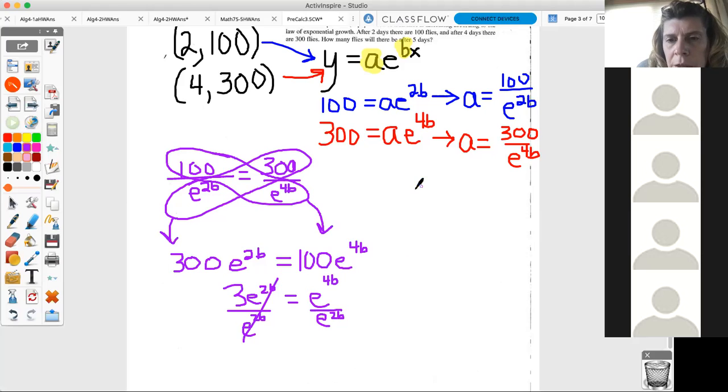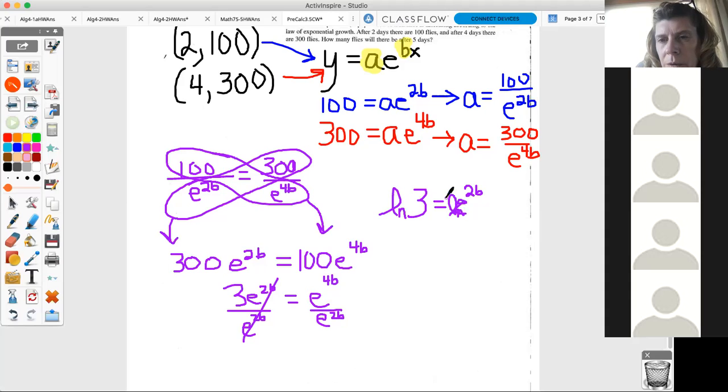So that gives me 3 equals, now when you divide things with the same base, what do you actually do to the powers? Subtract. Yep, so we actually have e to the 2b because 4b minus 2b is 2b. Now I can go ahead and ln both sides to get rid of that e.